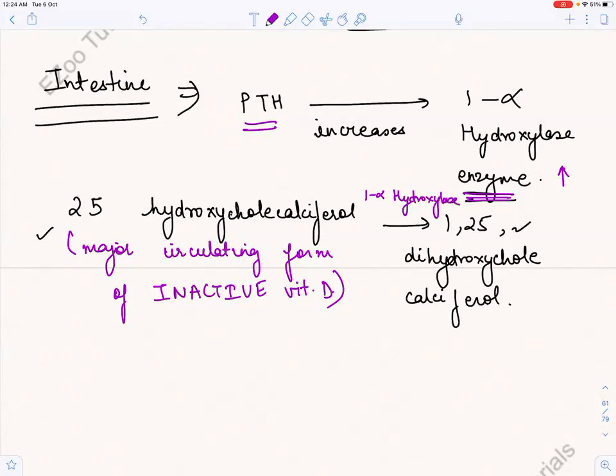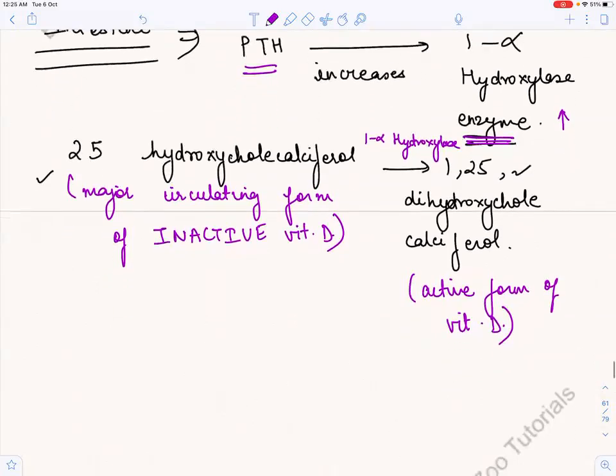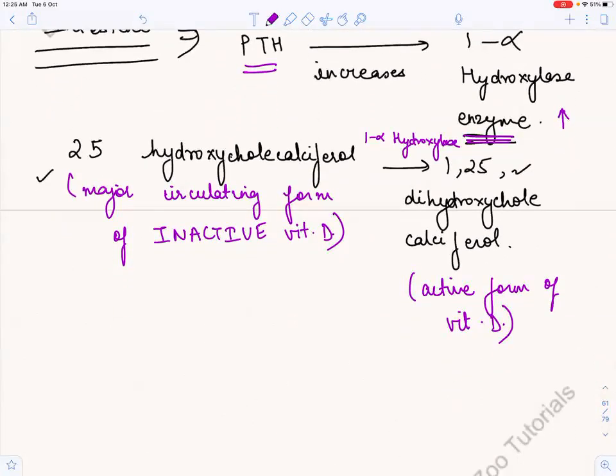So when its activity increased, the inactive form converted into the active form of vitamin D, right? And which will eventually increase the blood calcium levels. This was our goal.